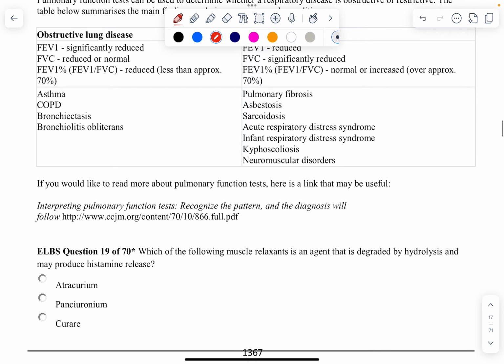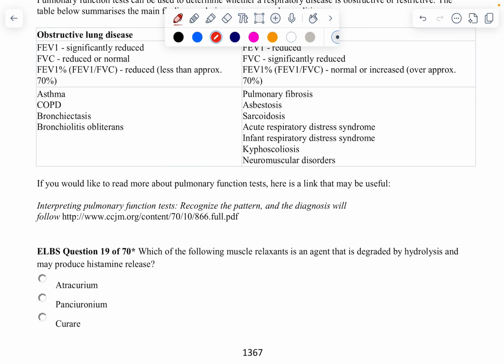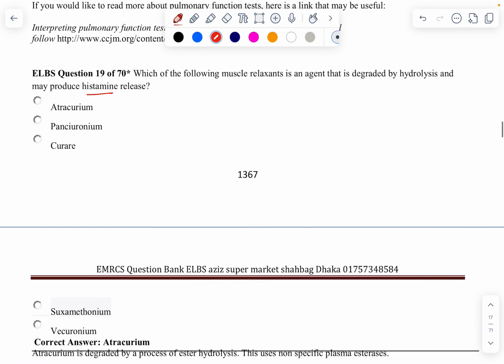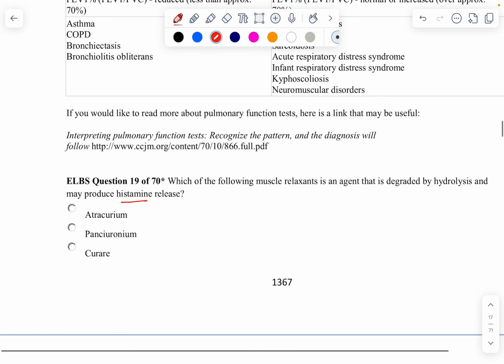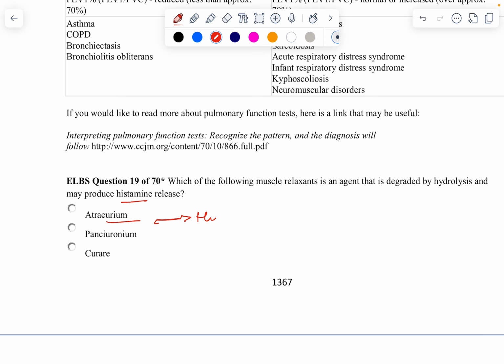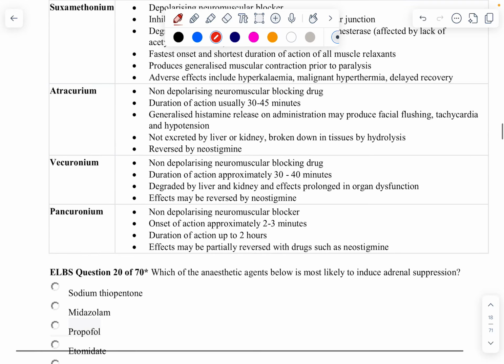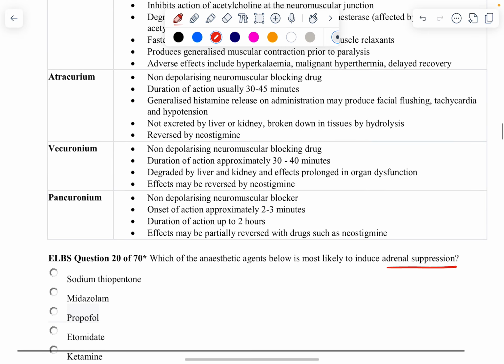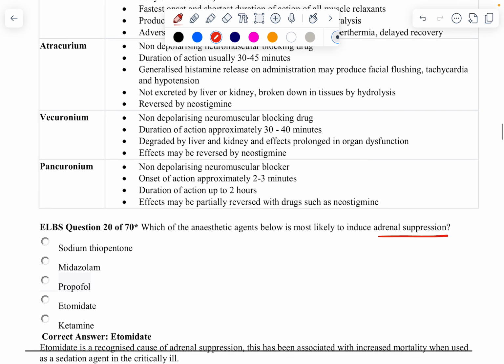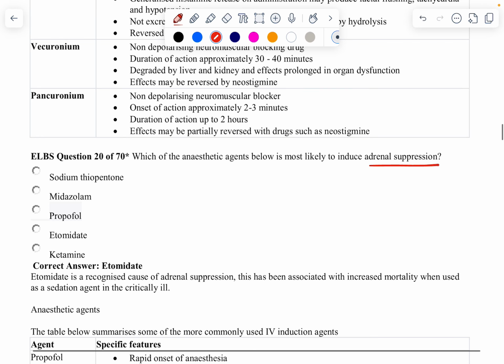Which of the following muscle relaxants is used and causes histamine release? Atracurium. Atracurium causes histamine release. Which agent is most likely to induce adrenal suppression? Etomidate. All are memory based, just remember, cardiac depression is also caused by etomidate.